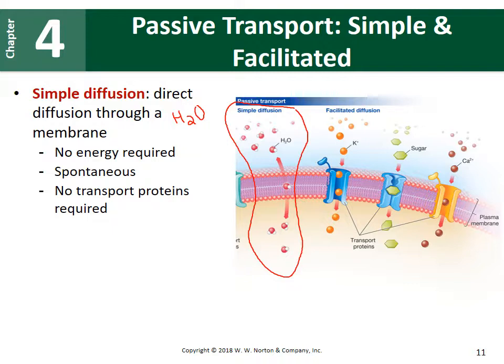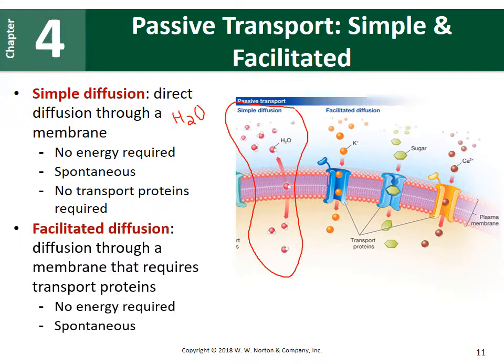Other molecules are larger, or they're ions, so things like sugar or potassium ions, they cannot use simple diffusion to go from high to low concentration. Instead, they use facilitated diffusion. Facilitated diffusion, this is diffusion through a membrane that requires a transport protein. But again, because it is diffusion, there's no energy required, it's spontaneous, it just has a helper to help that molecule move across from high to low.